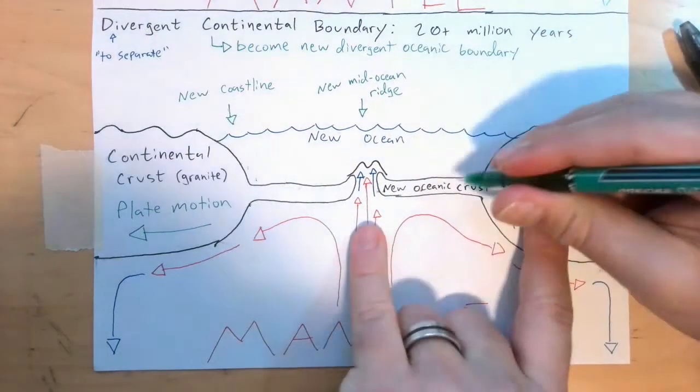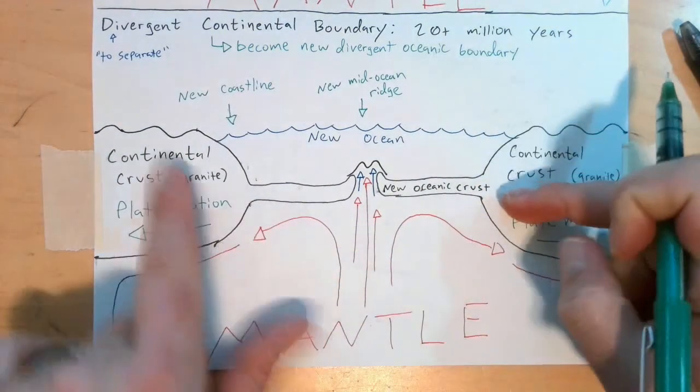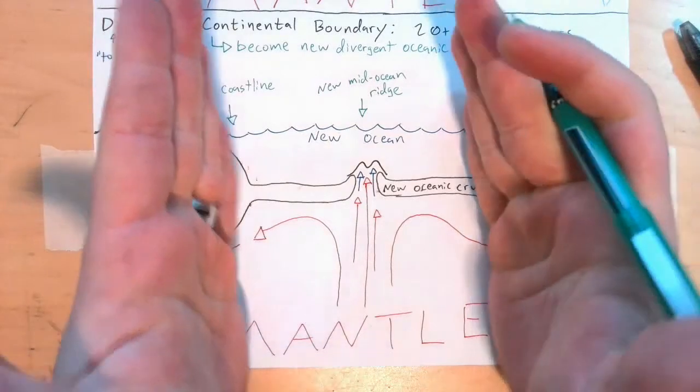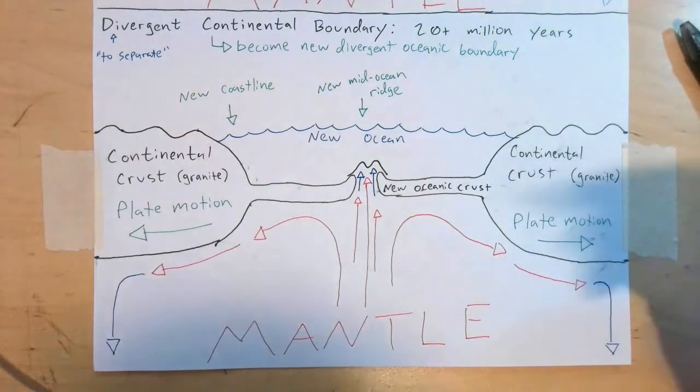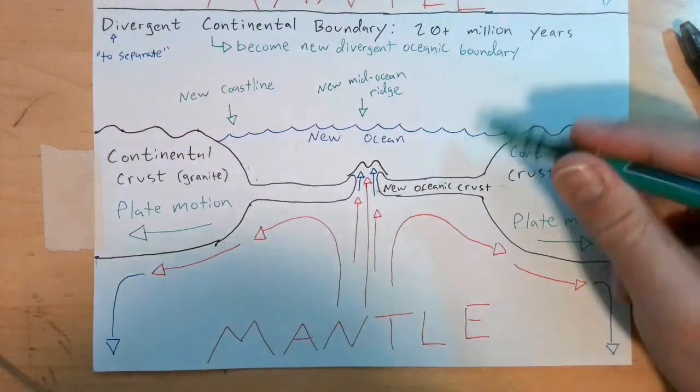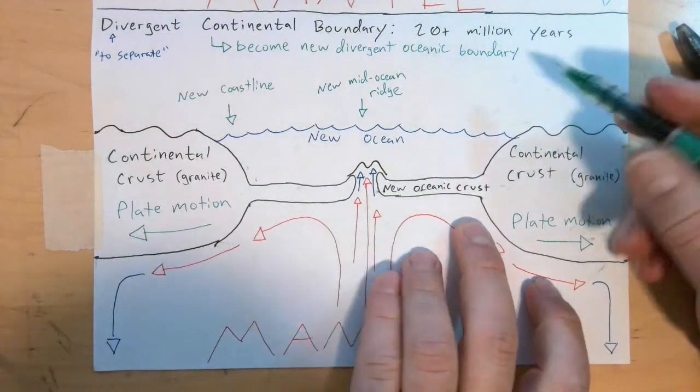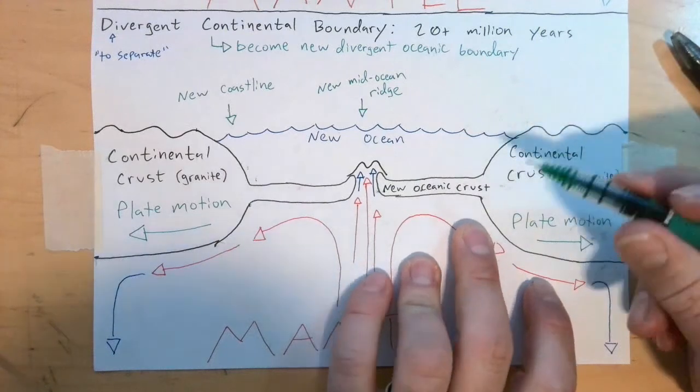And this continent here, or this one over here, they're going to be pushed passively away. And as they move, it's not going to be a very active region on this coastline. A good example is the east coast of the United States.